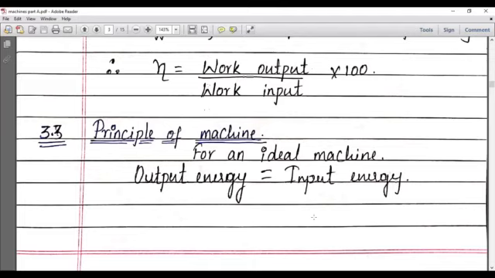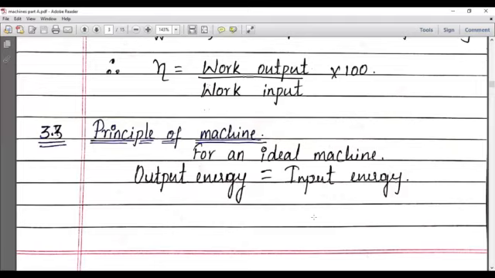The loss of energy in a machine may be due to the following reasons. The moving parts in it are neither weightless nor smooth, so there is friction. If the moving parts of the machine have friction, that is the reason the output energy will be less than the input energy.